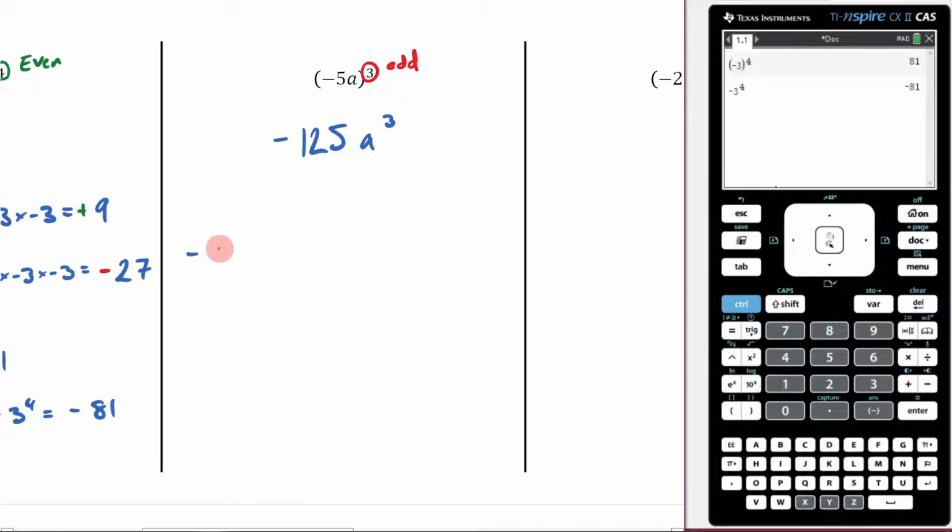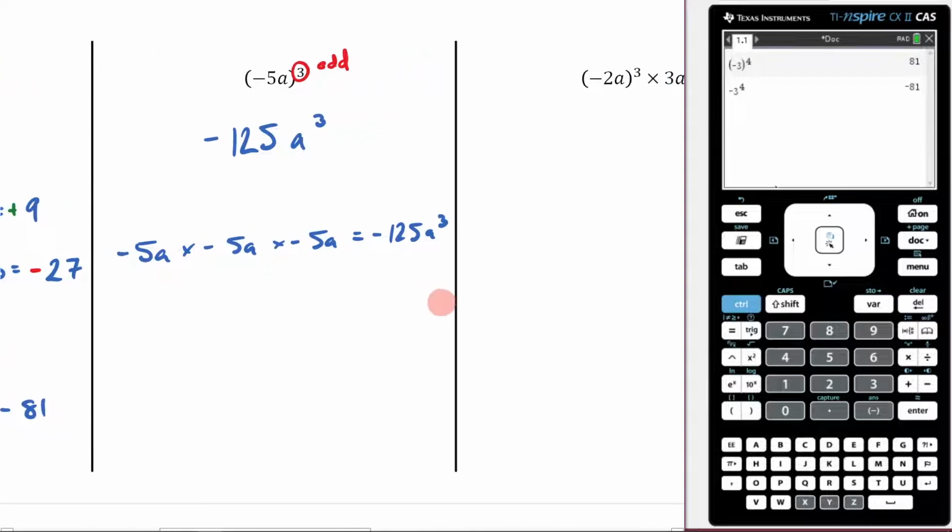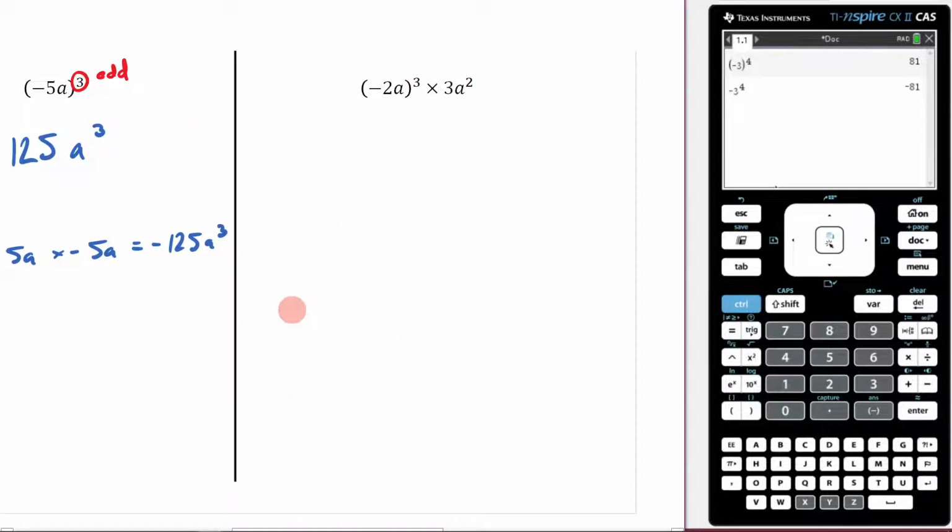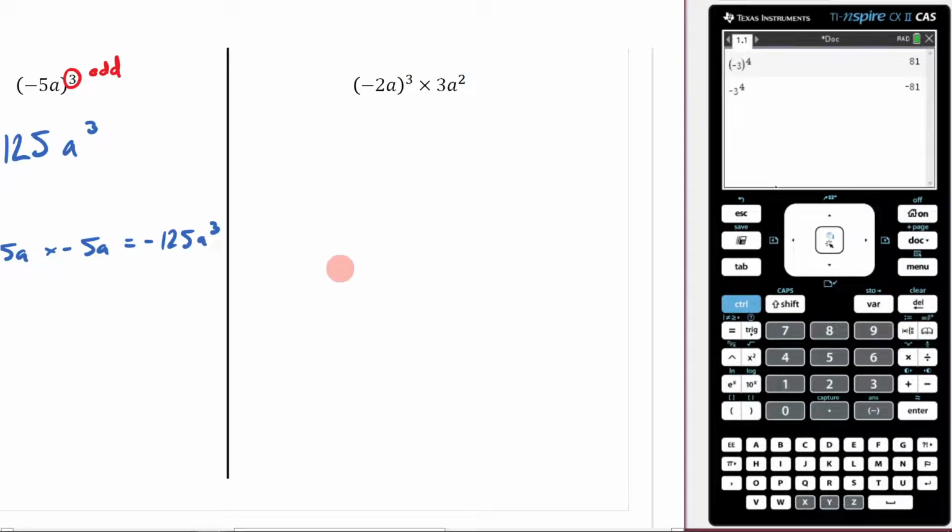Because if you think about it, we're going negative 5a times negative 5a times negative 5a, which is negative 125a cubed. So negative and negative make a positive, but then another negative makes a negative. Ugh. I find it very confusing to say negative then odd and positive then even. I've recorded this about 100 times because I keep getting those mixed up. If I've made a mistake here, my sincere apologies, but I'm not re-recording this again.